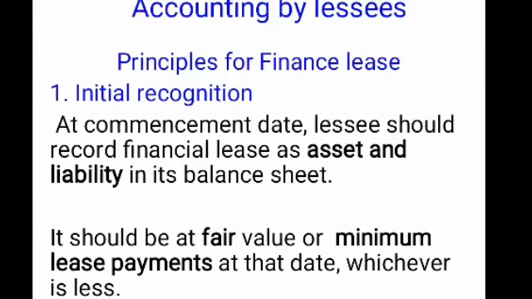We know that there are two types of lease: the first one is finance lease and the second one operating lease. Here we are discussing finance lease first. In finance lease there are two principles, and we should understand them before entering the problem part.